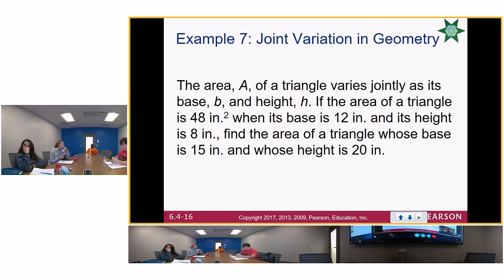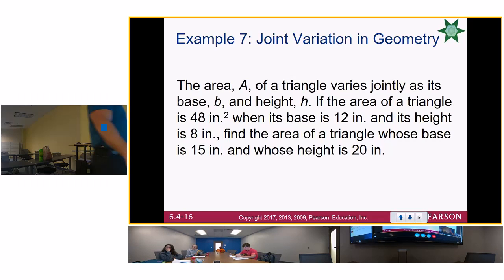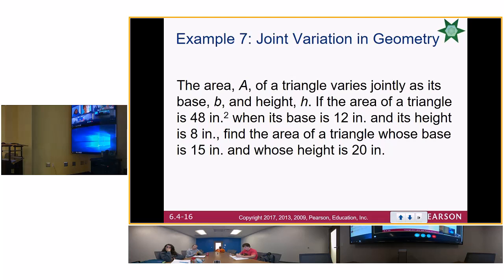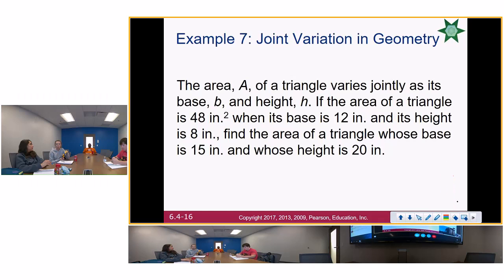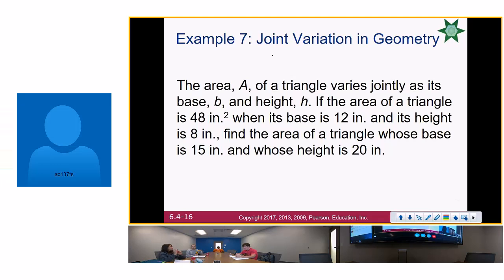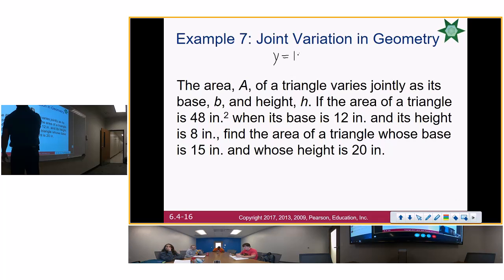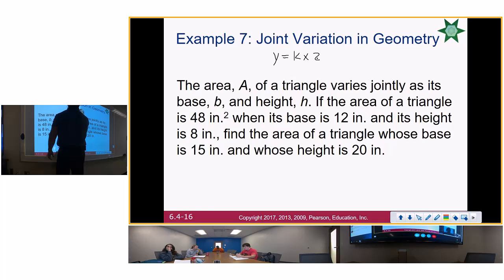Now, as I said, it says Y is equal to KXZ. So you're going to take your handy stylus and write Y is equal to KXZ. But that's not what your formula is going to look like, because now it's going to read what? A is equal to K times what?